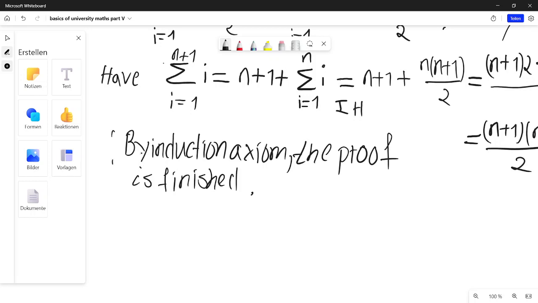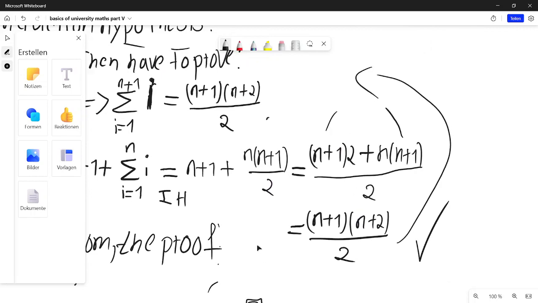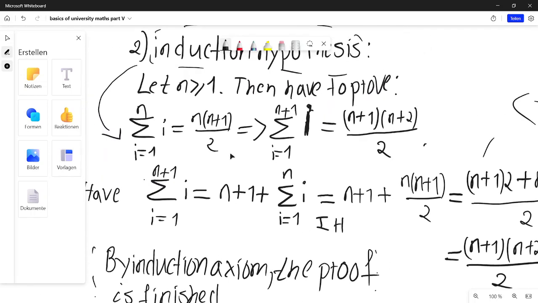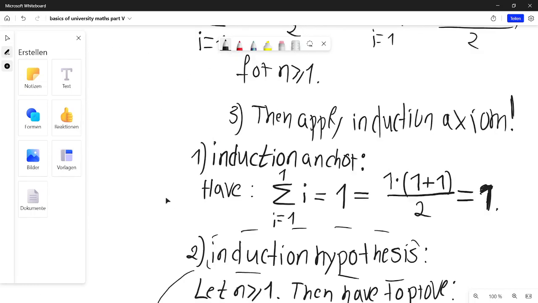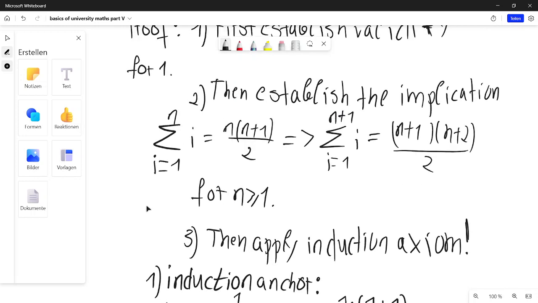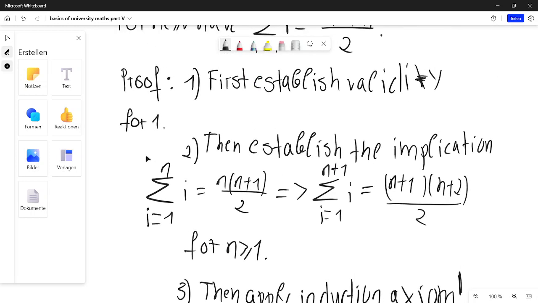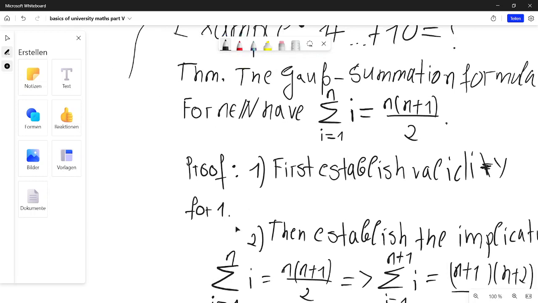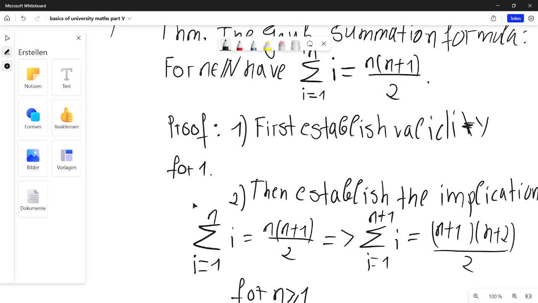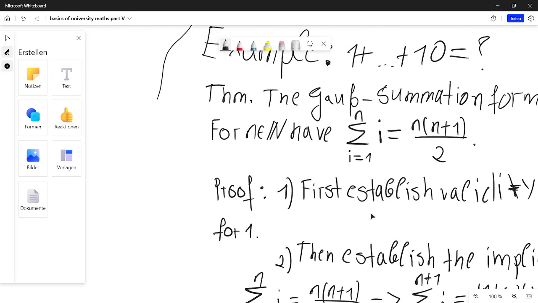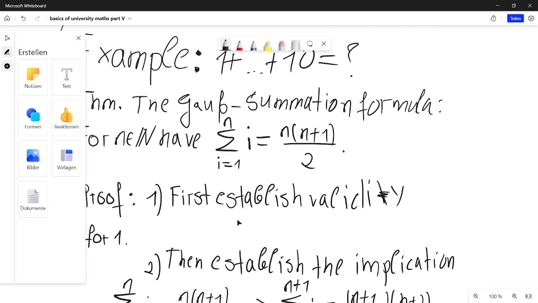Usually people don't try this, as I say. So, okay, that was our first proof by induction. First proof in basics of university maths with using a sigma notation. Right, well.